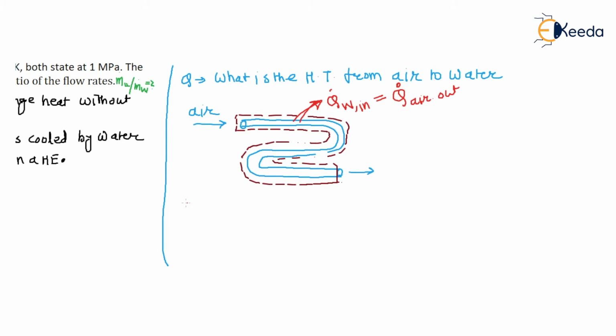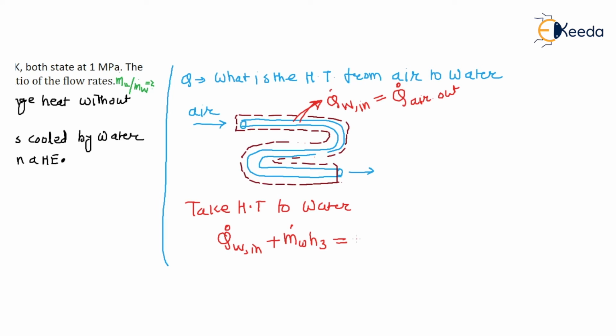Take heat transfer to water as positive. What is the heat added to the water? W dot in plus the energy into the water: mass of water times H3, because H3 is water in.